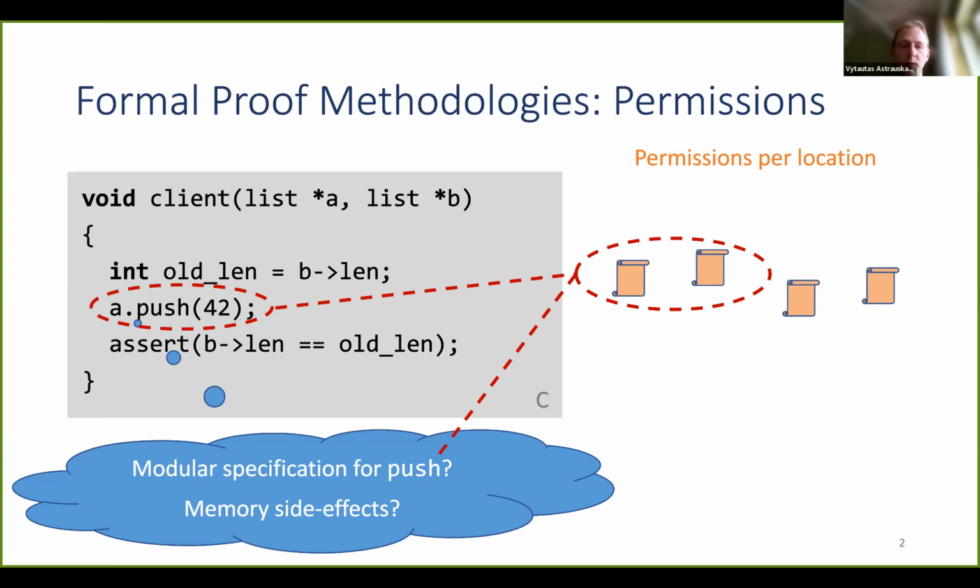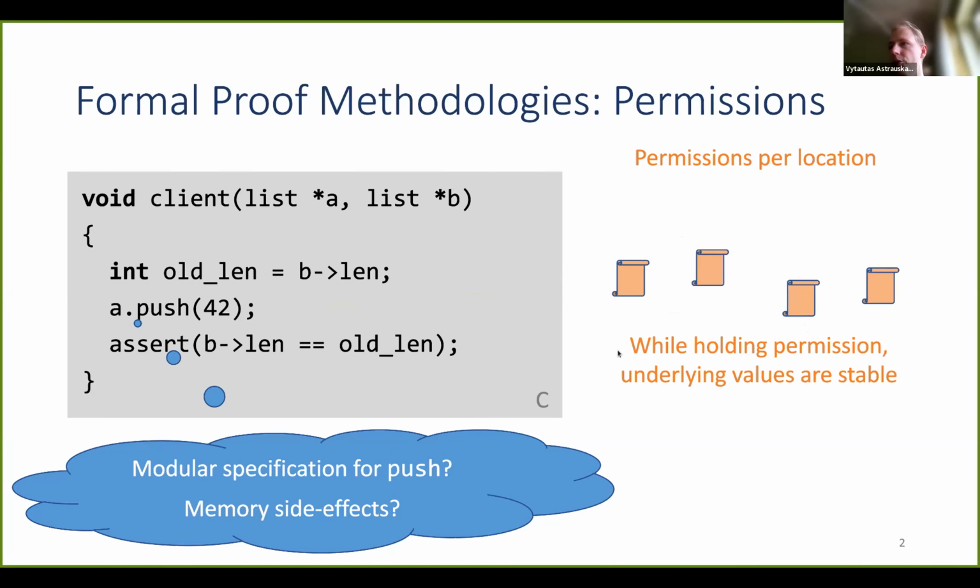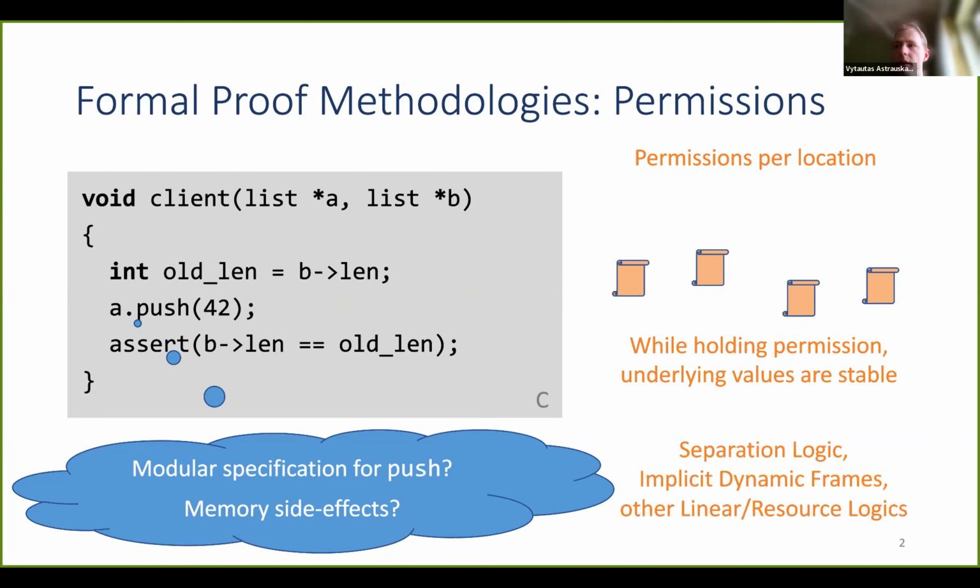That means that as long as we hold the permission, underlying values of the memory locations are stable. So we know that the memory locations didn't change. And there are many examples of logics which allow such permission reasoning. The most popular is separation logic. In our group, we are working with implicit dynamic frames, and there are also other linear and resource logics.